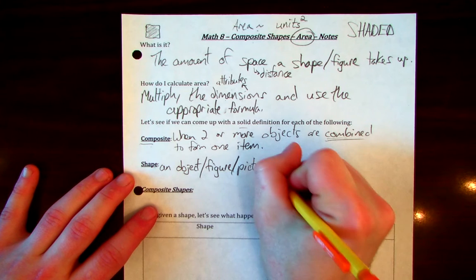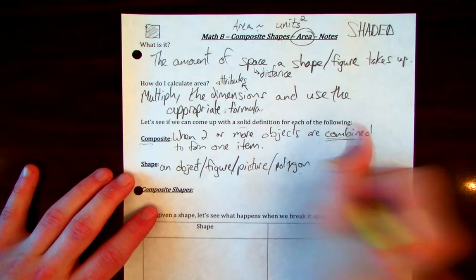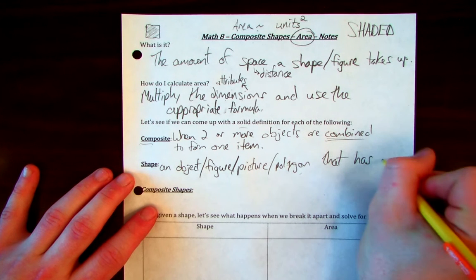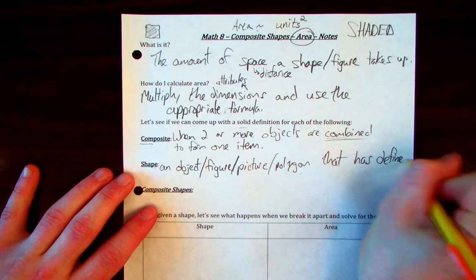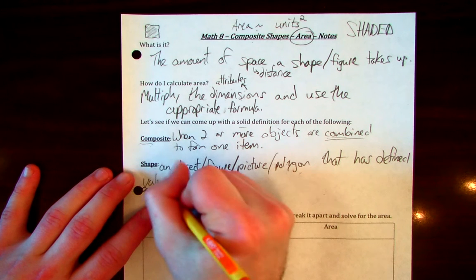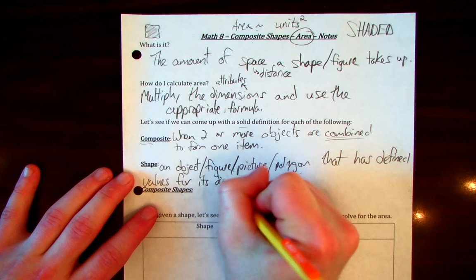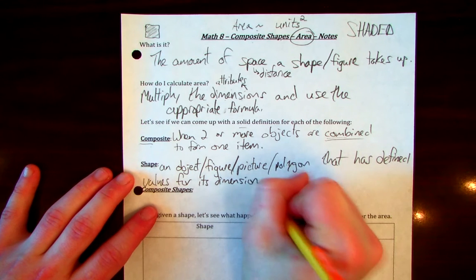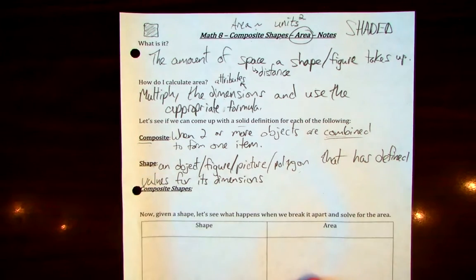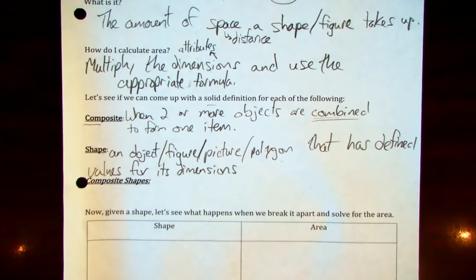Again, it's just those polygons that we have that has defined values for its dimensions. So that means that you have to be able to have those values specifically for, let's zoom in a little bit and make sure we get all this.